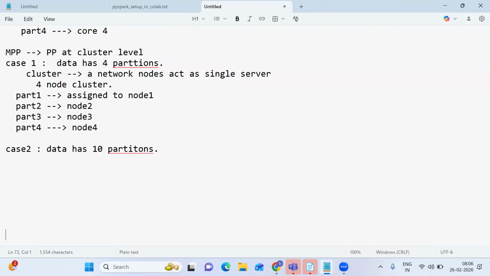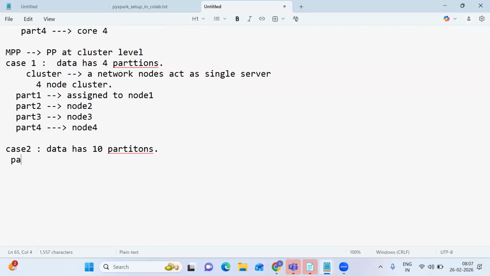Will this be executed or not? I have 10 partitions, but my cluster has only 4 nodes. It will execute. Yes. What is the style?